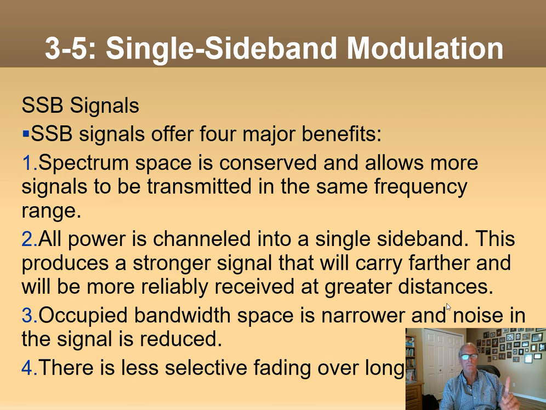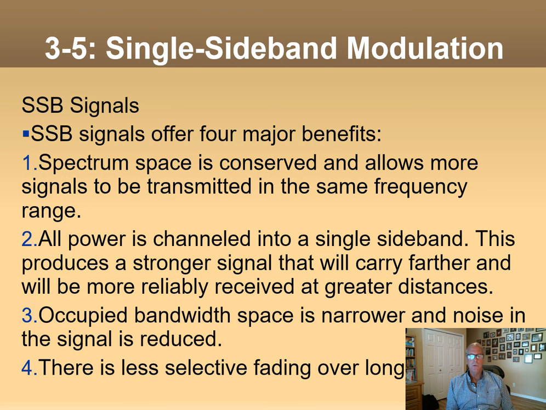If you're just transmitting one frequency, that's much better. Occupied bandwidth space is much narrower and the noise of the signal is reduced. And as I said the other day, if there's one thing you leave this class with, there's a direct relationship between bandwidth and noise. Lower bandwidth means lower noise.